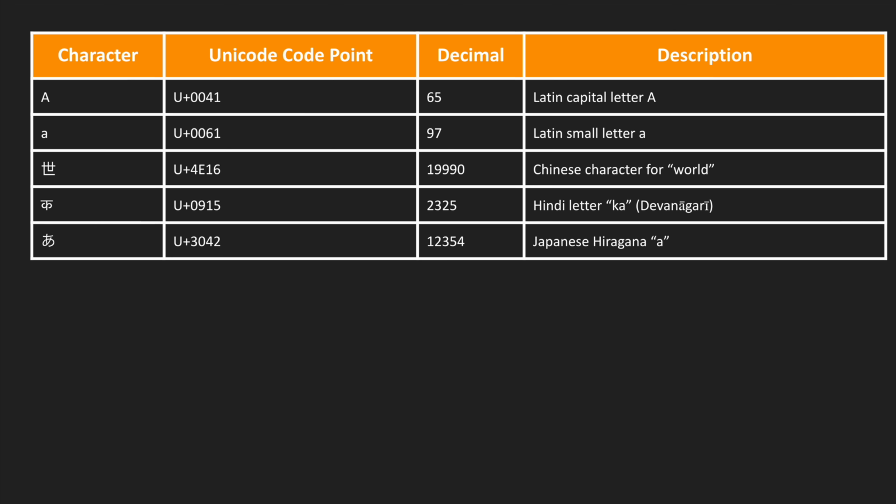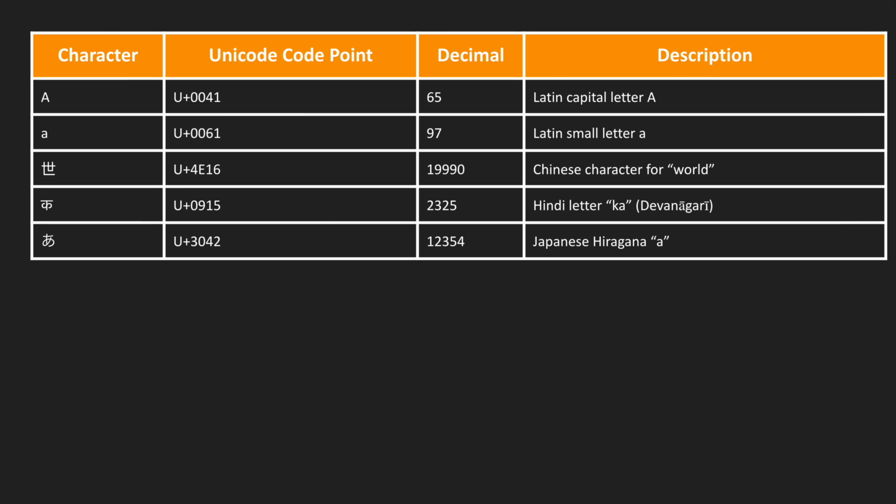If we go and see what exactly U+0041 means, in decimal it means 65. It's the Latin capital letter A, and 97 is the Latin small letter a. As we can see here, the first 128 characters in Unicode also correspond to ASCII.